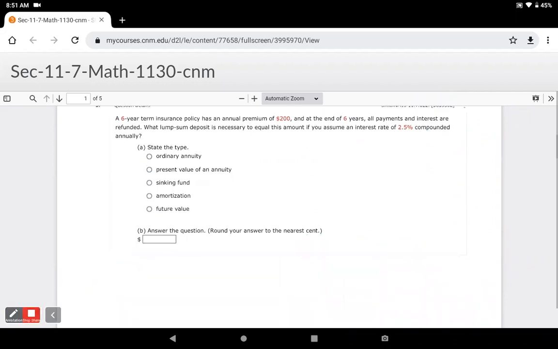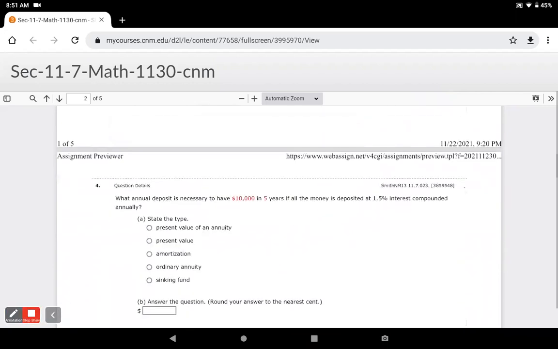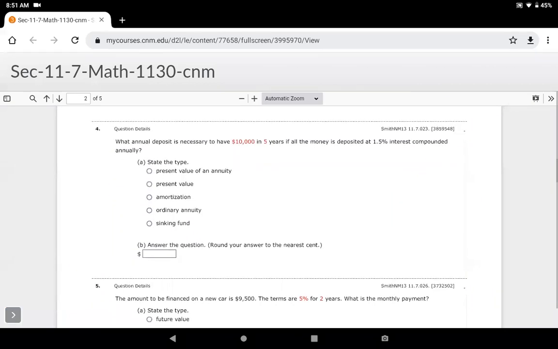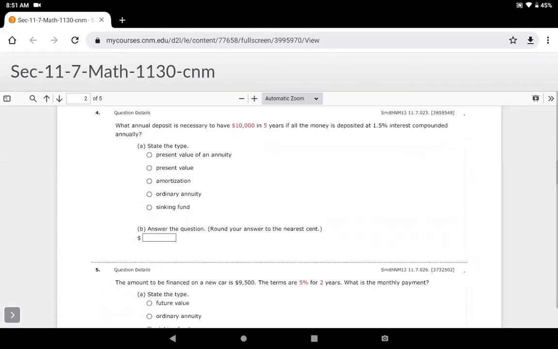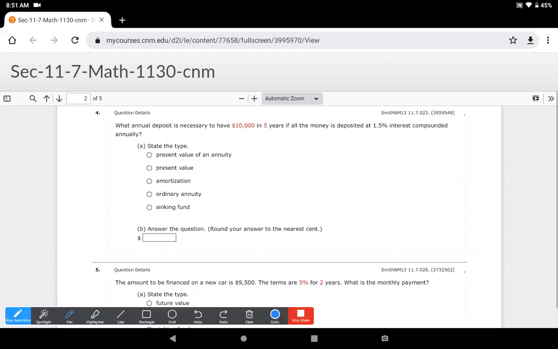Okay. Number 3. Oh, it's 3 in what we're doing, but it's number 4. What annual deposit is necessary? So they're asking us, they give us a couple of things right there. One, they tell us N equals 1 annual deposit.